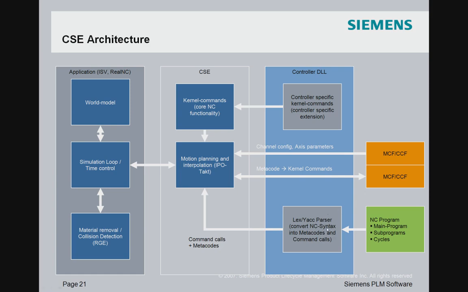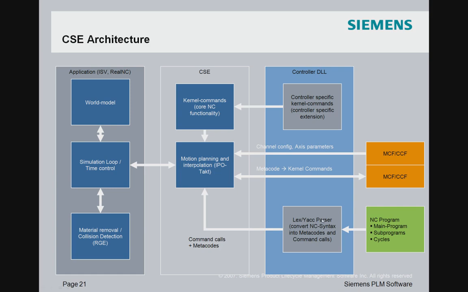This will be done for every line. So for a line, all the metacodes will be produced, and if all the elements of the line are processed, then CSE has enough information to do motion planning for this line, and really only this specific line.